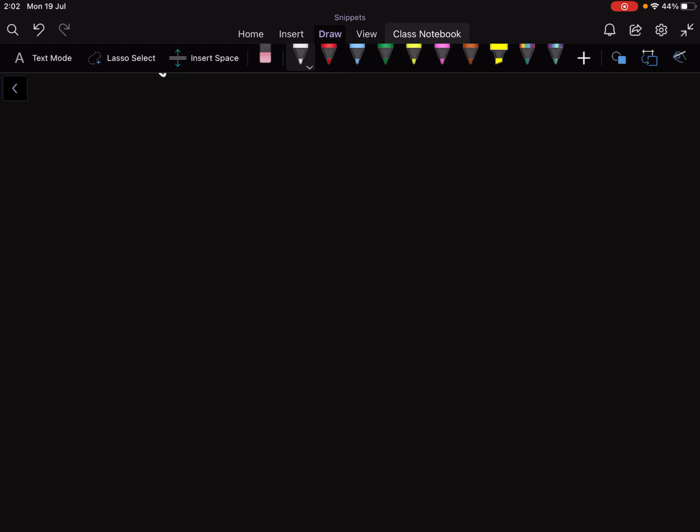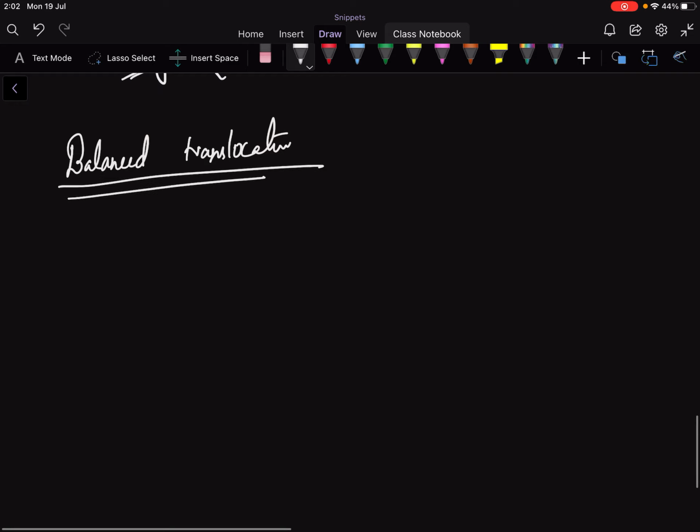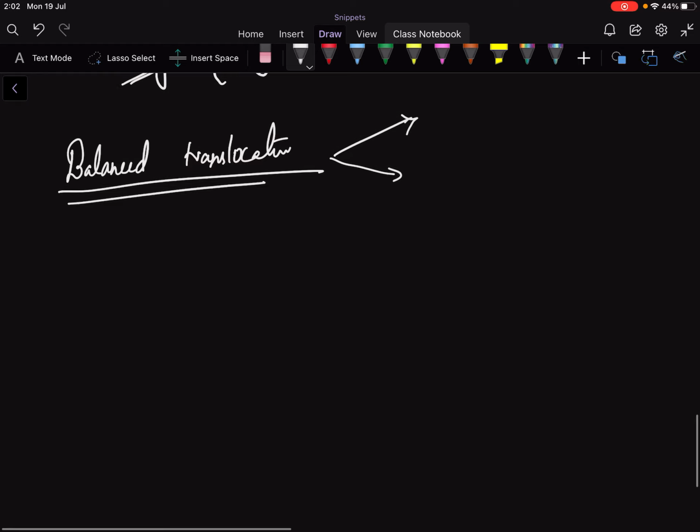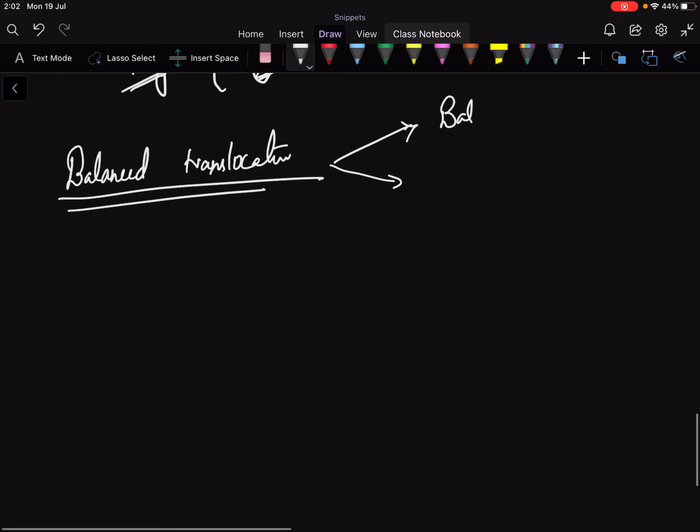Next we will talk about balanced translocation. In balanced translocation you will mainly be talking about two things. One is balanced reciprocal translocation, and the other is Robertsonian translocation.